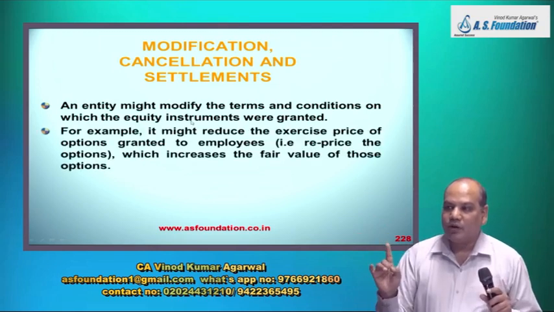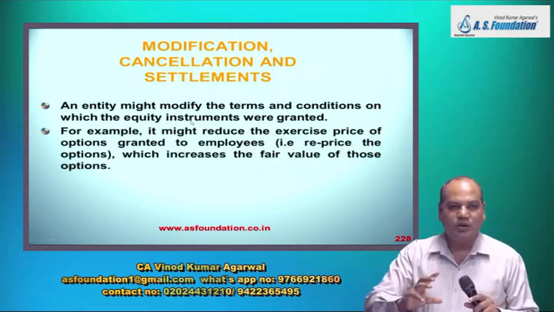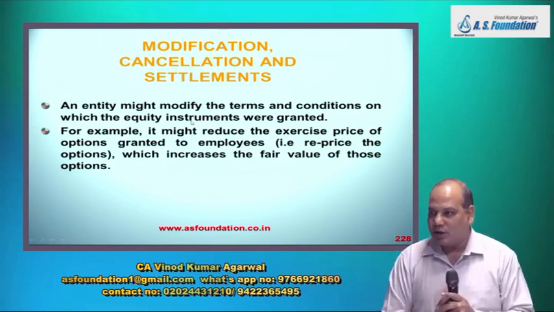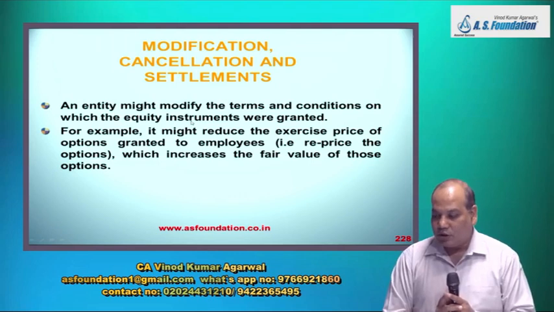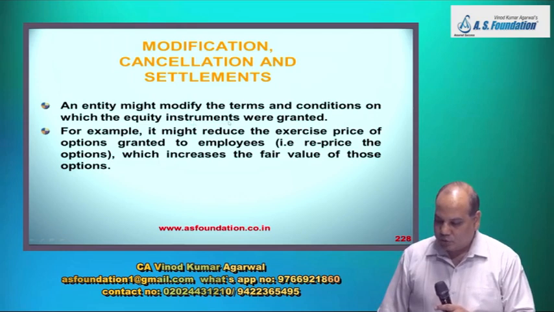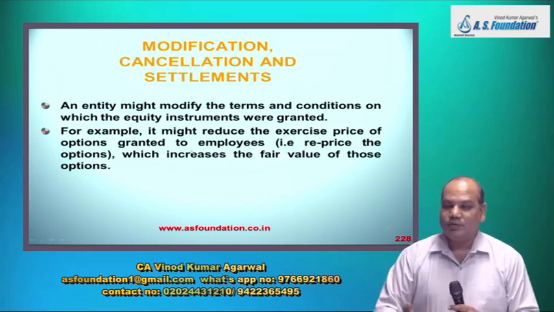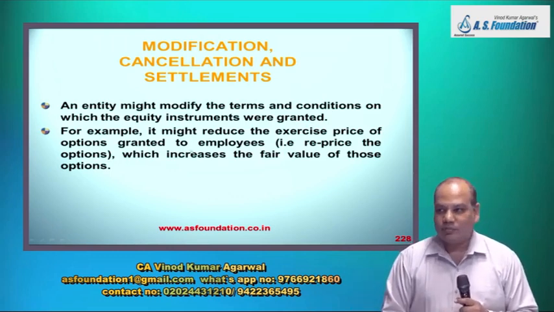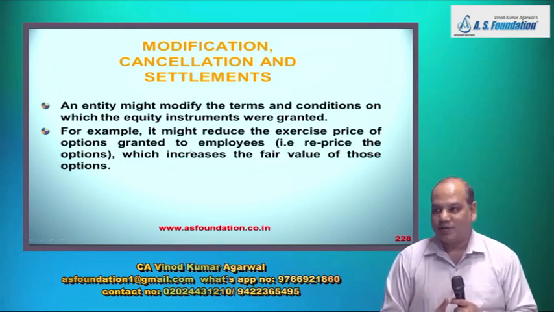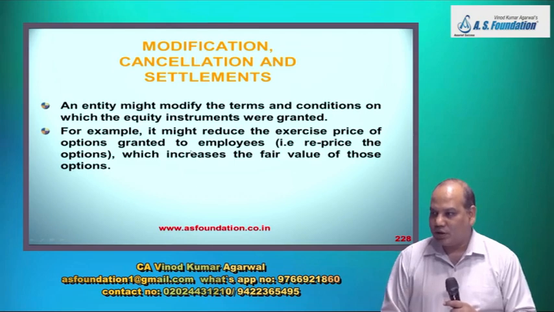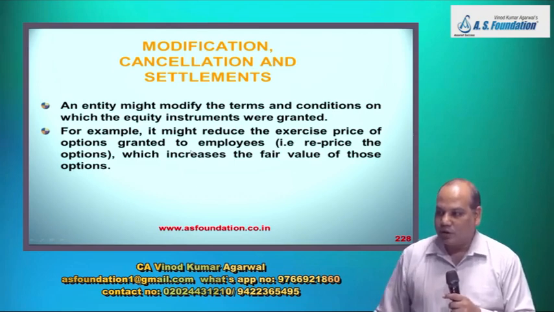Because fair value on the grant date is the minimum expense we have to recognize. That is what we had initially agreed. So any change in the terms and conditions which reduces the fair value of the option will be ignored. But if it increases the fair value of the option, it increases my expenses. My cost has increased, so that will be recorded.